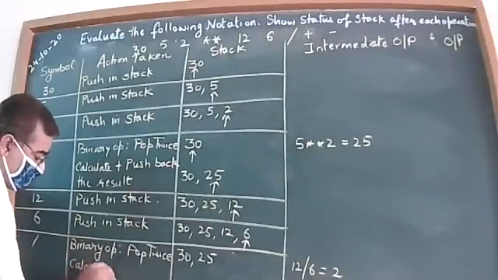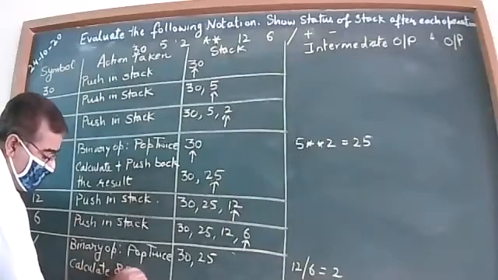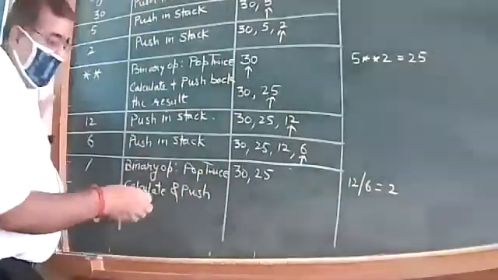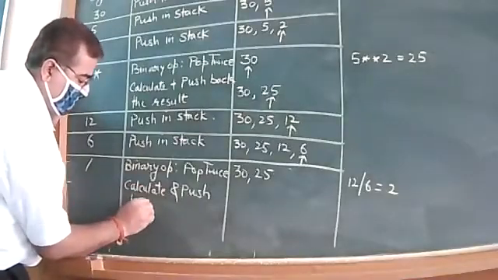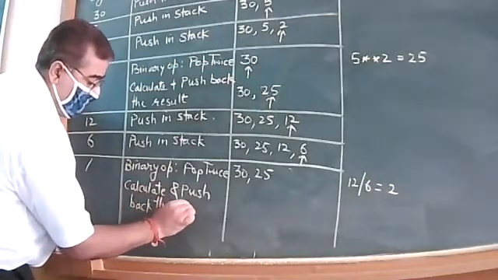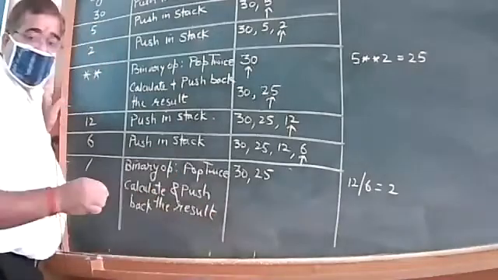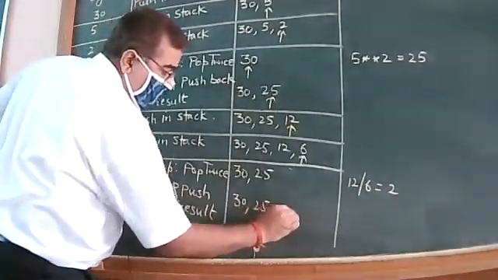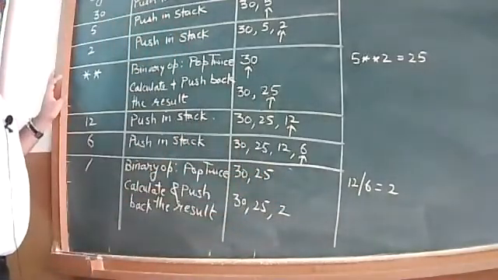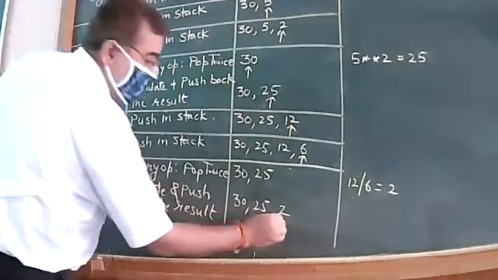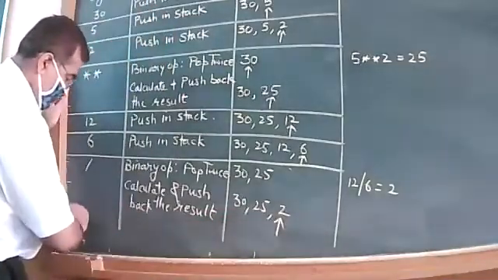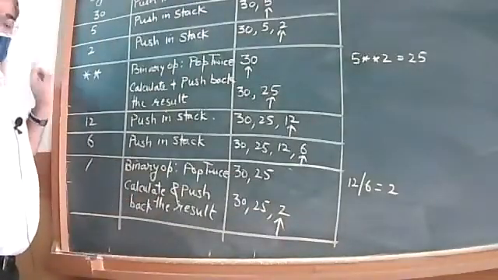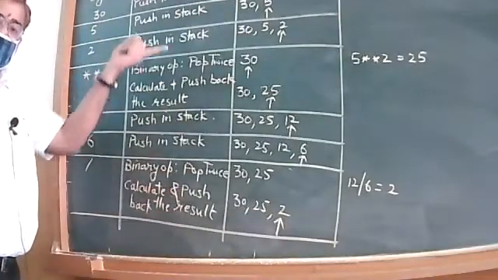Calculate and push back the result. So I have the answer 2. Now after this step, I am again shifting upwards.